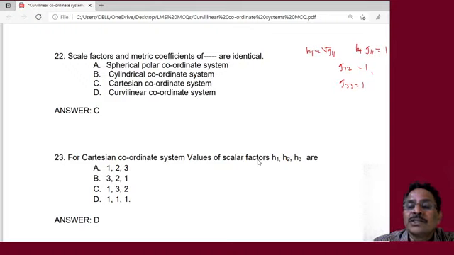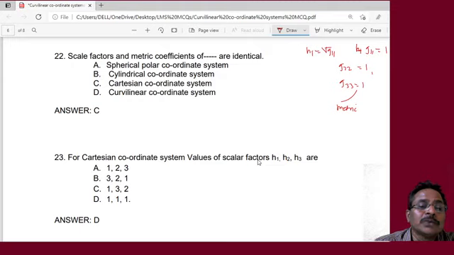That means all these scale factors and metric coefficients are found to be the same for the Cartesian coordinate system, and therefore the correct option of question number 22 is C, the Cartesian coordinate system.